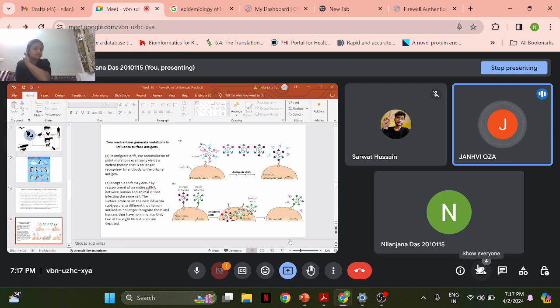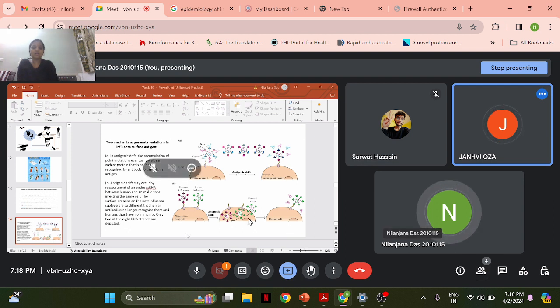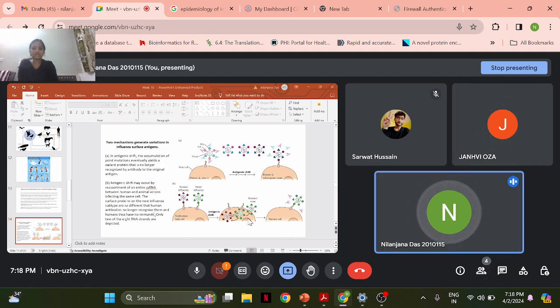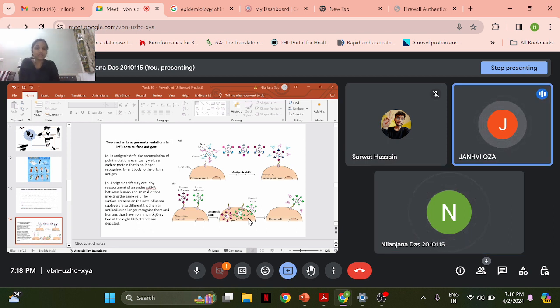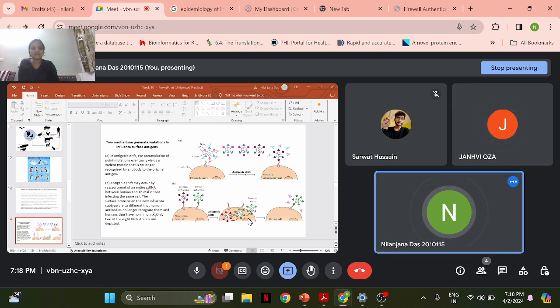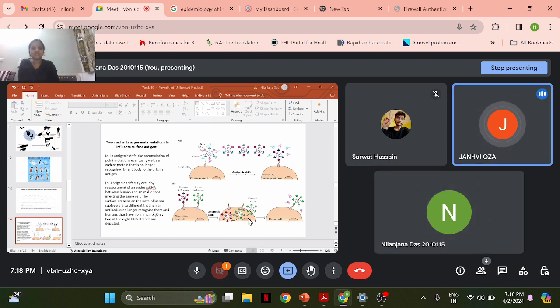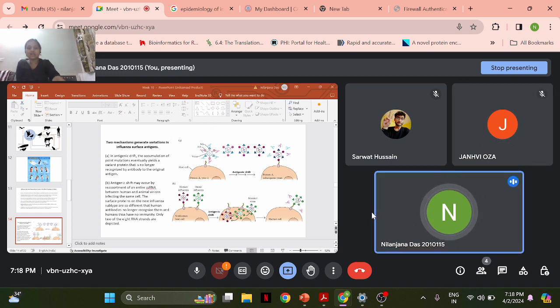But the problem is that whenever you are shifting to the new slide, it's still stuck on the previous one, so there is no meaning in just listening and not being able to see the content. Okay, now it is visible. I am on slide 14. Yes, ma'am, now it's visible. I think there is some network issue.